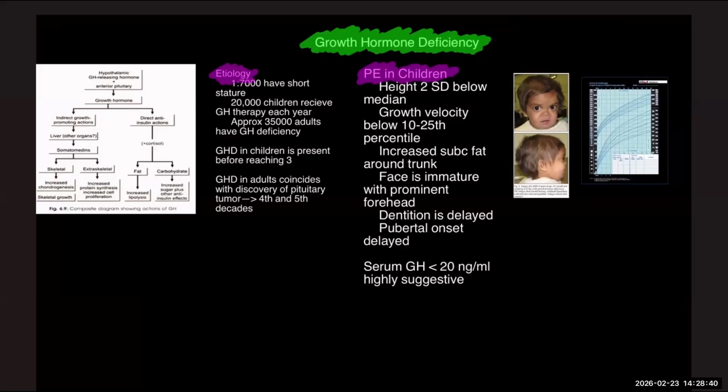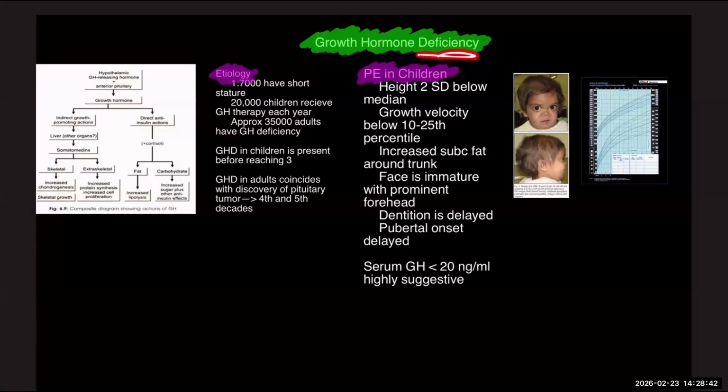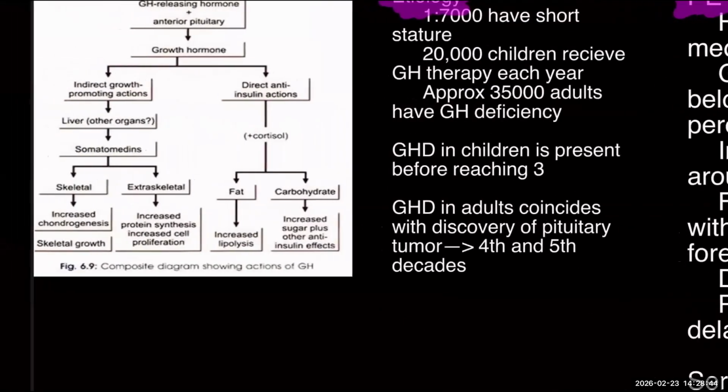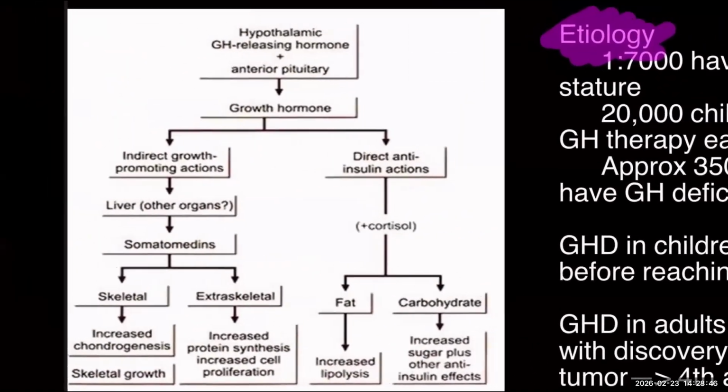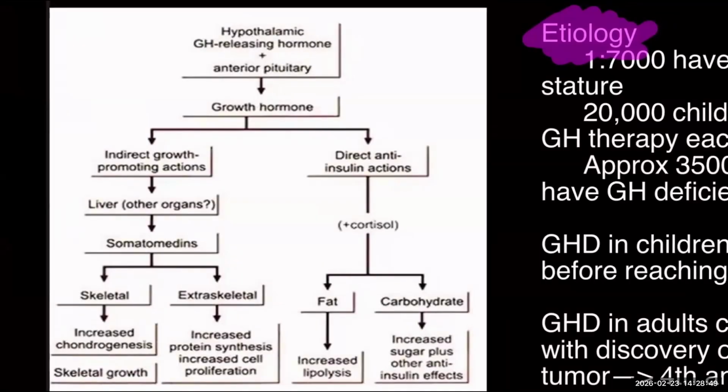We'll zip through next. So growth hormone deficiency. These are people who don't have a lot of growth hormone. So let's review a little bit about growth hormone. It has two actions, indirect and direct.